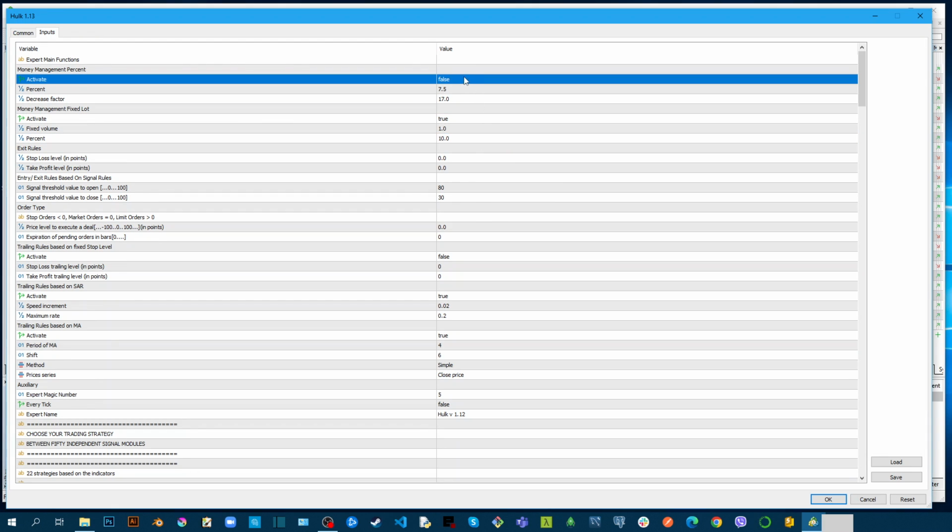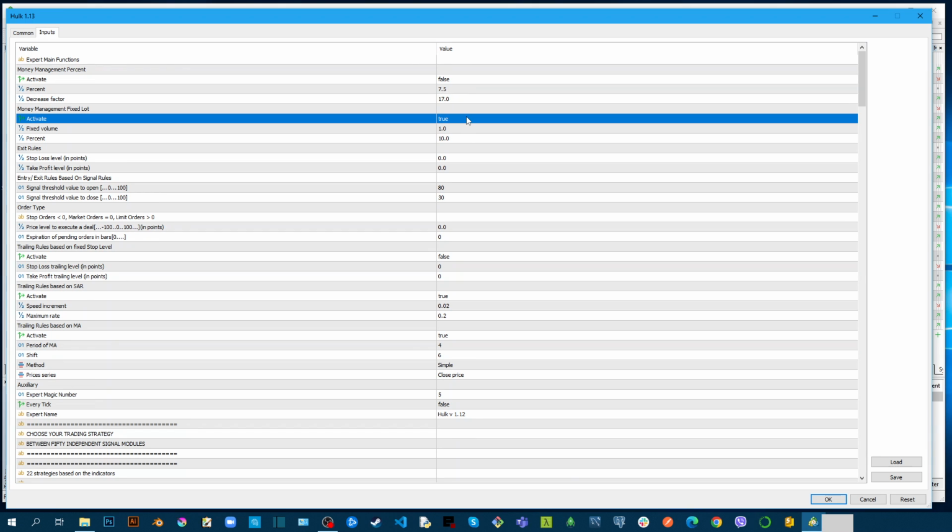Also you can activate both systems at the same time, but in this case both systems will not work, and the robot will open a micro lot and use the invisible money management system. So it makes no sense to activate both systems at the same time.